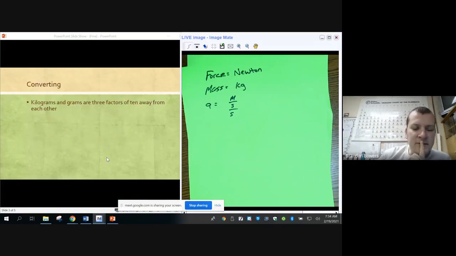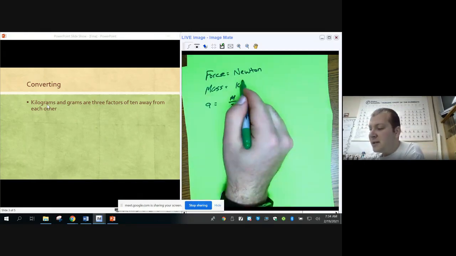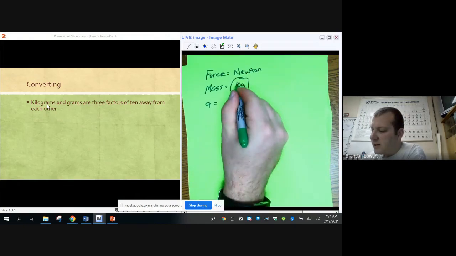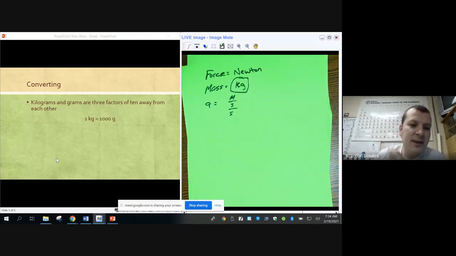So converting. Sometimes you might see mass in grams, sometimes in kilograms. You will always want to convert it to kilograms. To convert grams to kilograms, you move the decimal 3 places to the left.